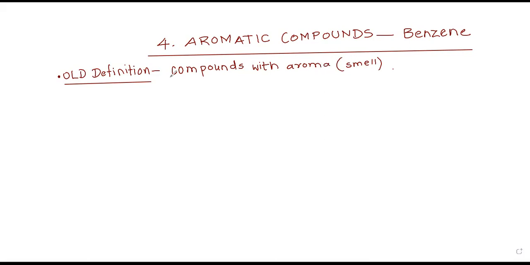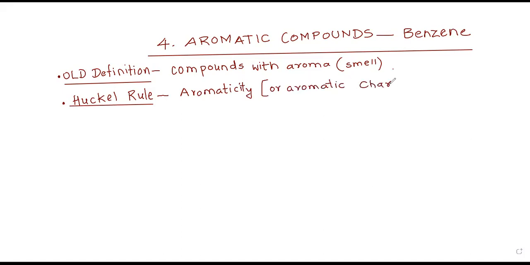So the modern definition we have is based on what is known as Huckel rule. Huckel was a scientist who gave a rule based on structure about what is aromatic character. His theory is called aromaticity or aromatic character.